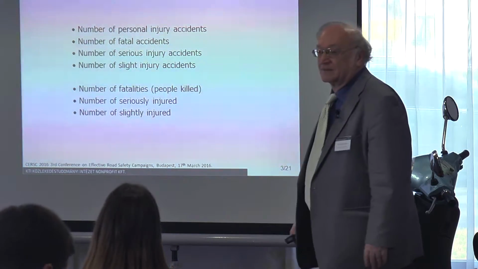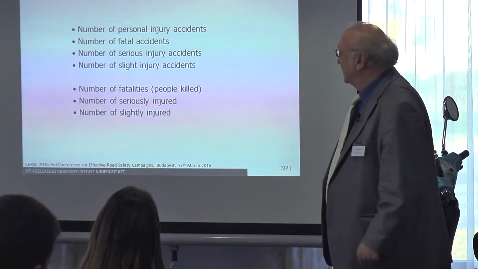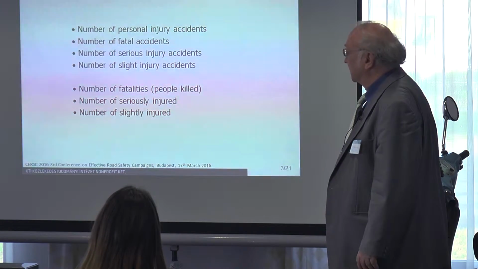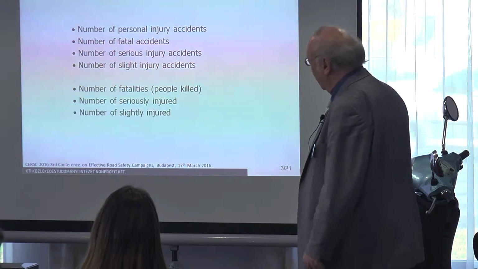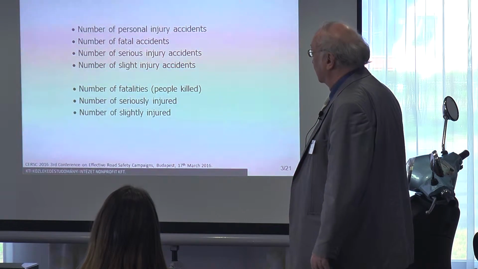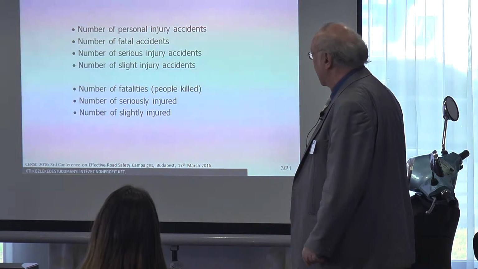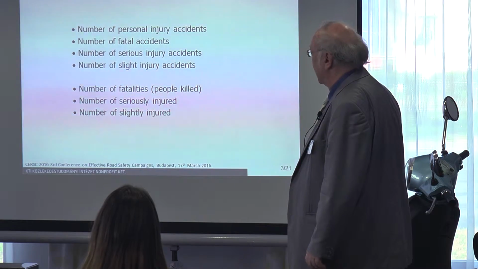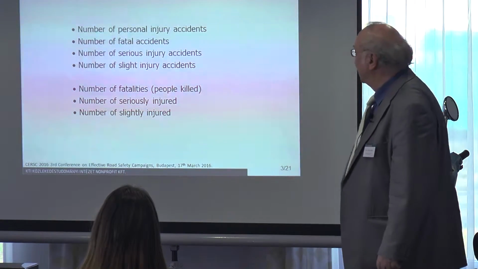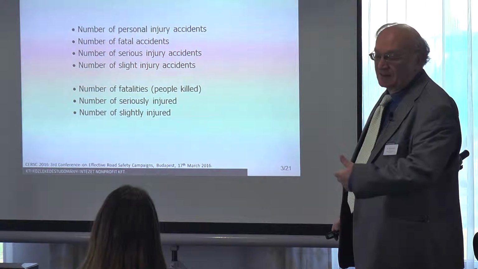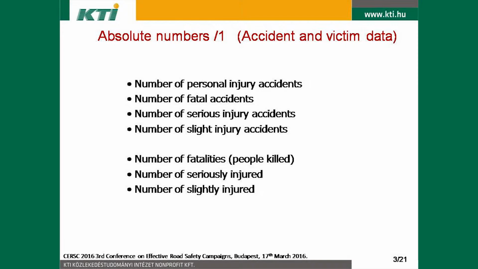So first, the easiest way to evaluate the situation is to analyze the absolute numbers. And we have accident data and victim data, and we have exposure data as well. Here in the first picture, we can see the accident and victim data.